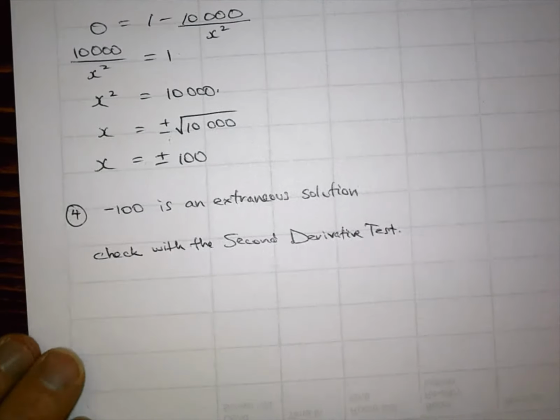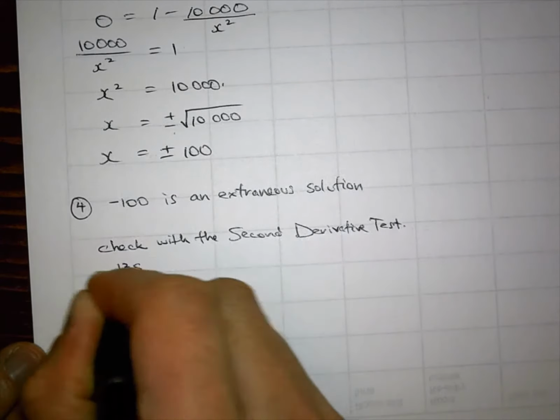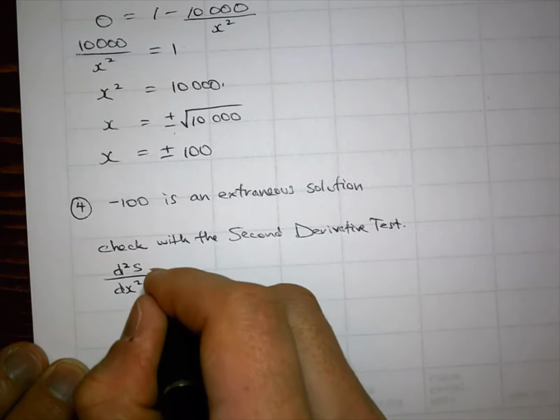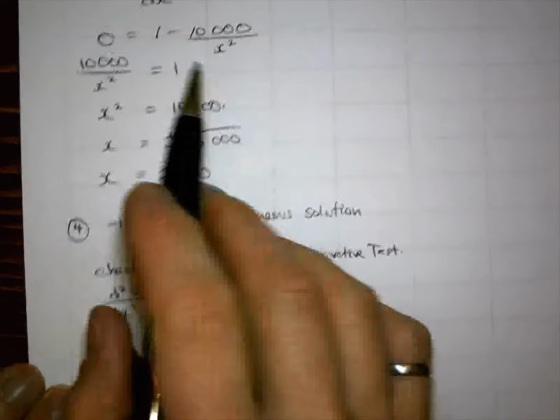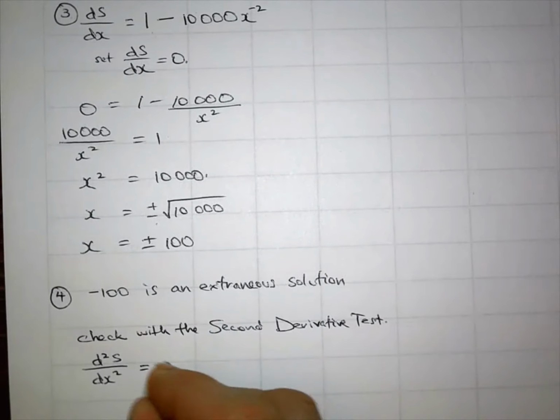Now, again, IB doesn't really need you to do this. Usually they'll ask you to, but let's just show you. So I'm going to take the second derivative. Where's my first derivative? Somewhere up here. The derivative of the first term is going to be 0.